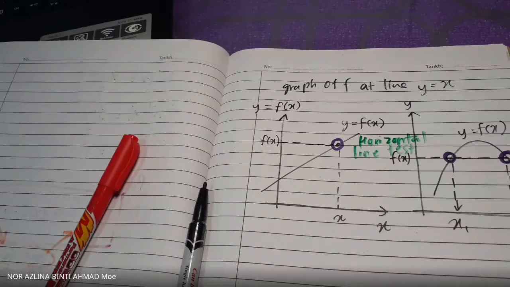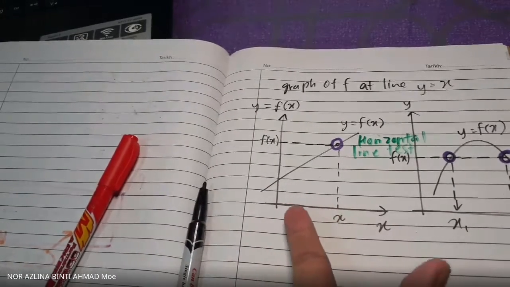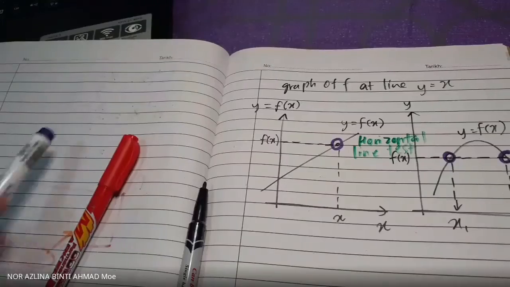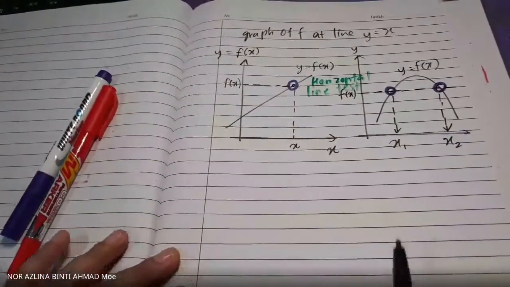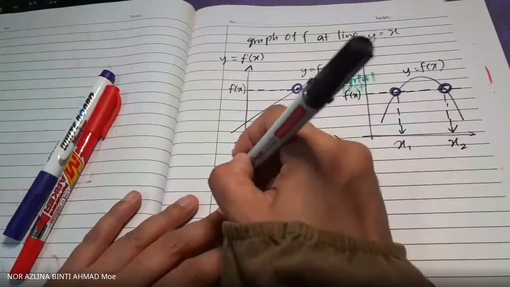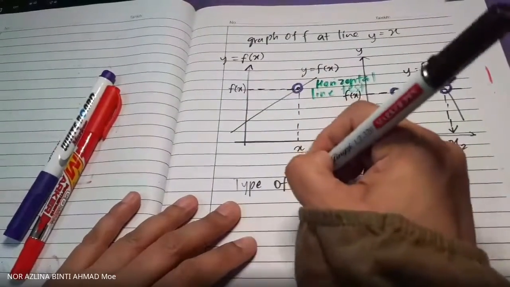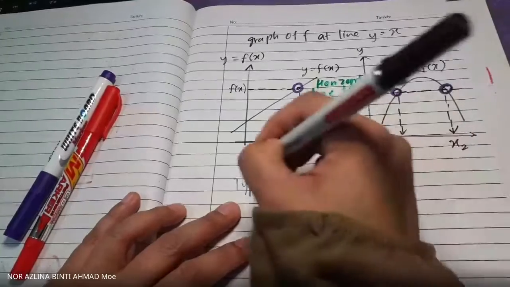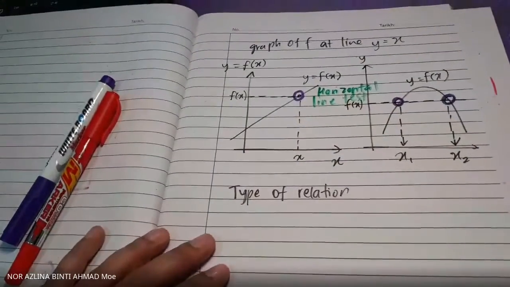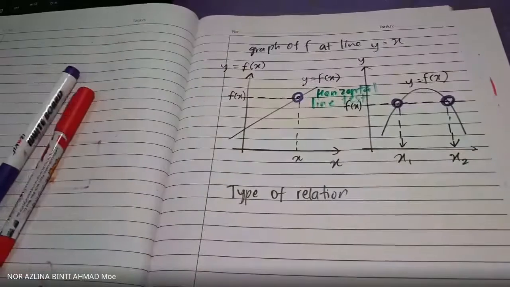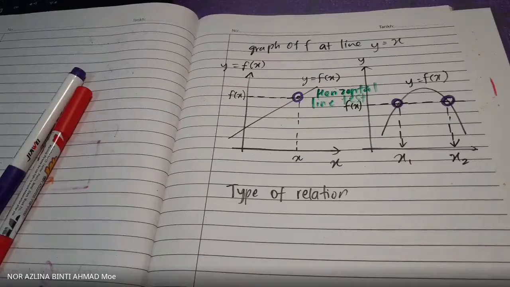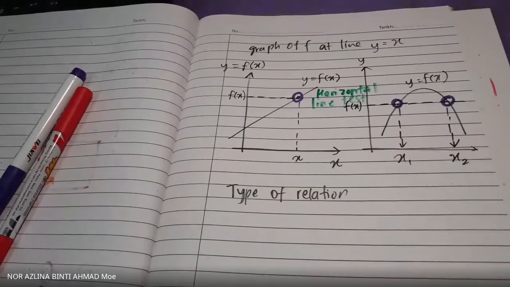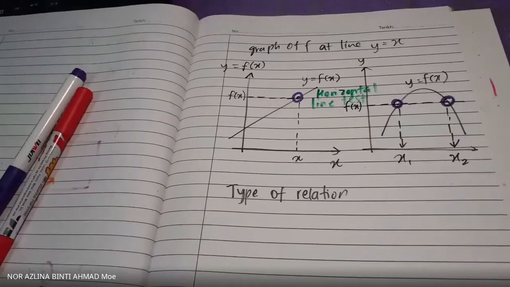Okay. Sekarang ini sebelum saya pergi pada inverse, saya nak tanya awak, what is the type of relation bagi function bagi graf yang kiri? Tadi type of relation ada 4 jenis tu. Sekarang saya nak tahu yang kiri ni. What is the type of relation? 1-to-1. How do you know it's 1-to-1?